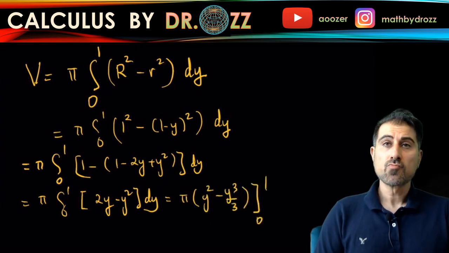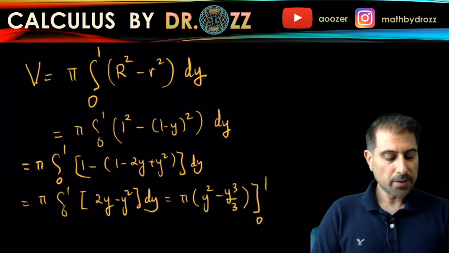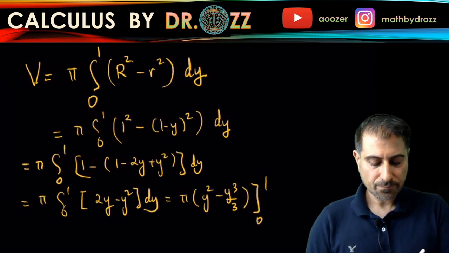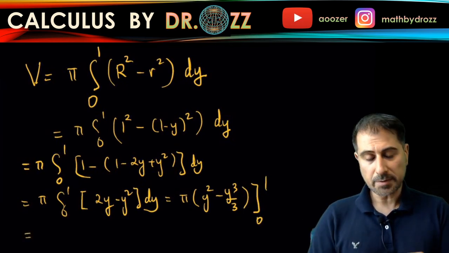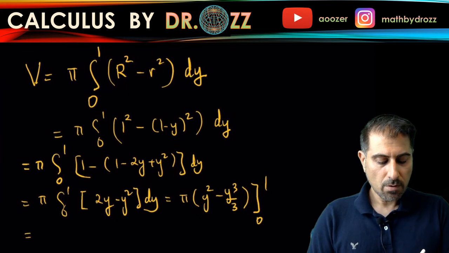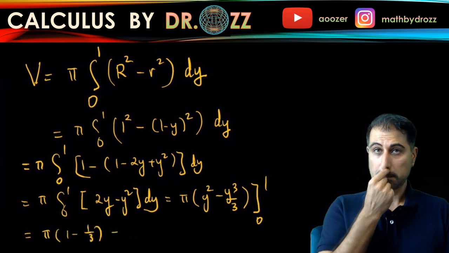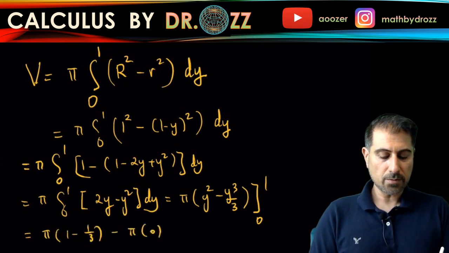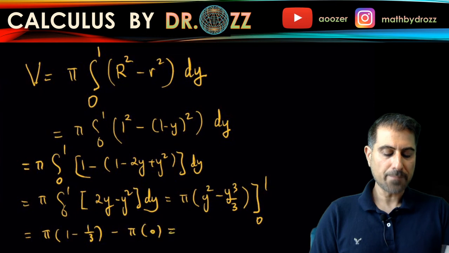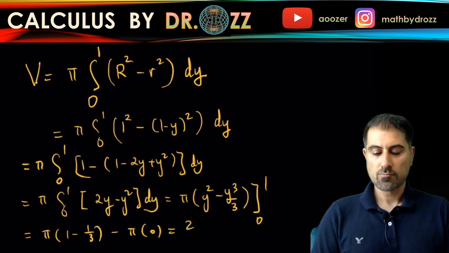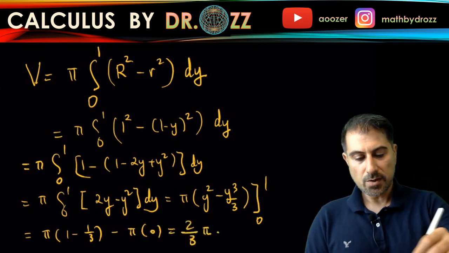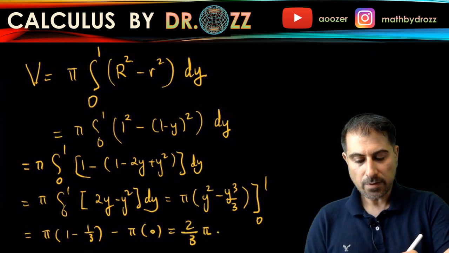Okay. Let's plug in 1 and 0 for y. If you plug in 0, by the way, that's going to be 0. 1 minus 1 over 3, minus pi times 0. Okay? So this takes you to 2 over 3 pi. Okay? So this is taking care of part A.